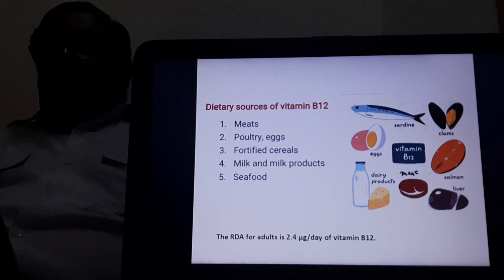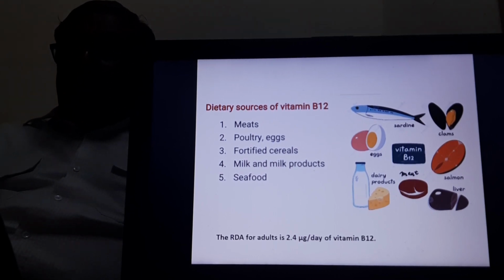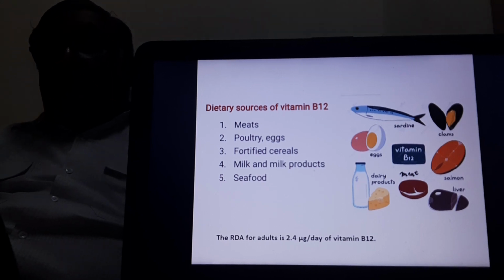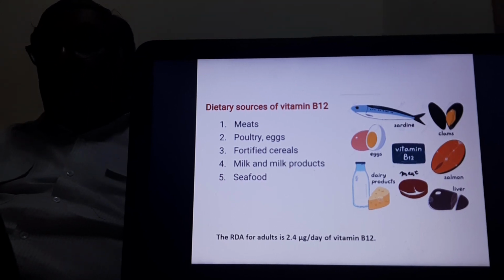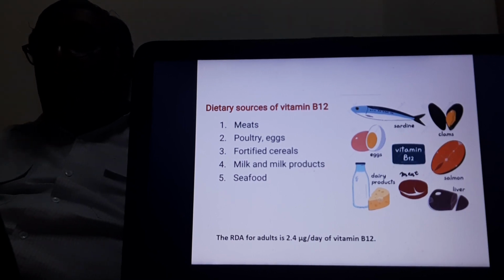A few words about the dietary sources of vitamin B12. It is mainly from the animal origin. It is very abundant in seafood, eggs, meats, dairy products, and nowadays fortified grain also comes, where the grain is fortified by adding vitamin B12.